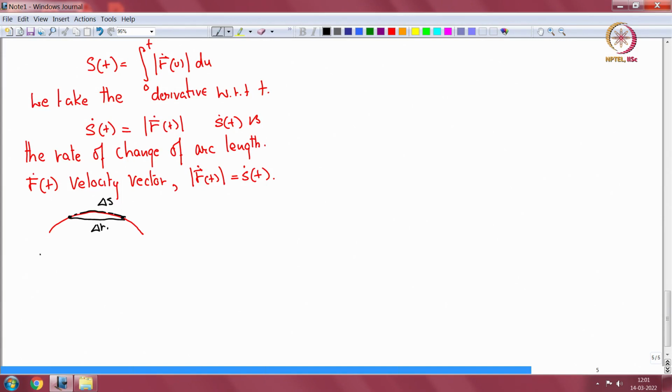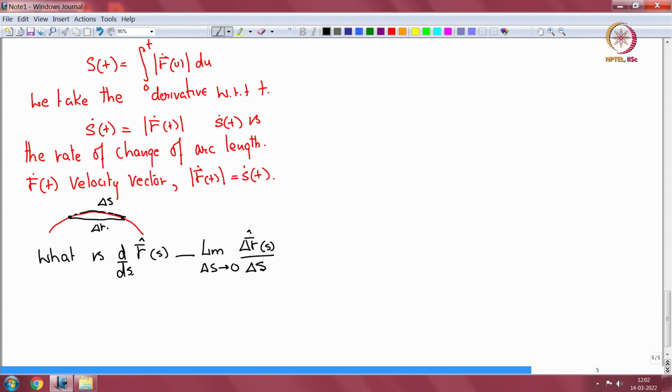So what is d r hat of s by ds? This is the limit as delta s tends to 0 of delta r by delta s.